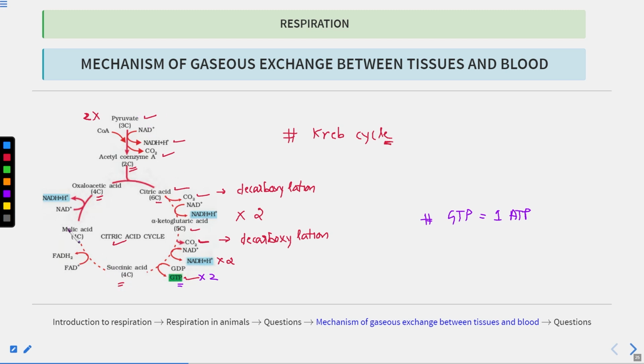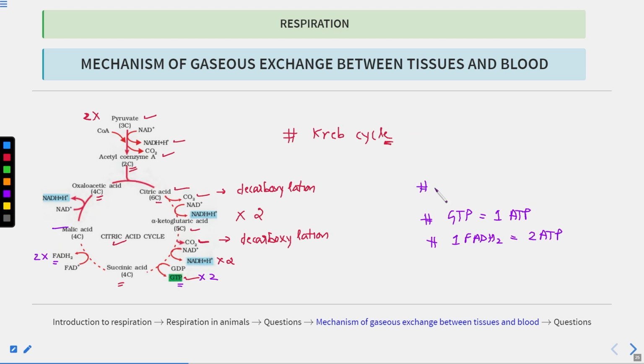Now the succinic acid is converted into malic acid. Alright, and here 2 molecules of FADH2 are produced. Clear? And we know 1 molecule of FADH2 corresponds to 2 ATP.